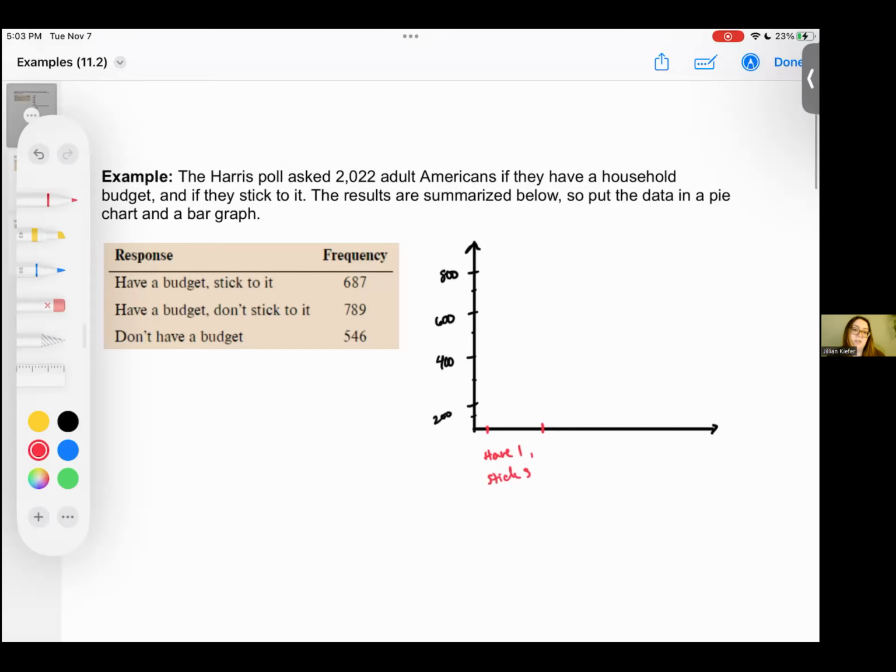Have a budget, sticks to it. That's the first category, and that frequency is 687. So it's going to be pretty much just shy of 700. We want to draw our bar graph, so it's going to go up to almost 700.